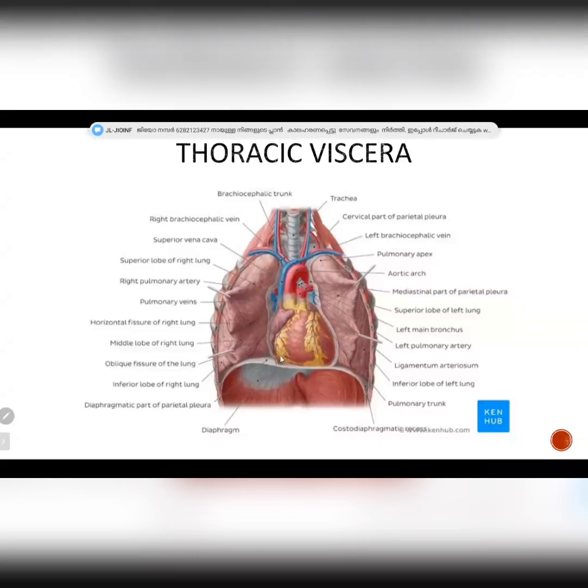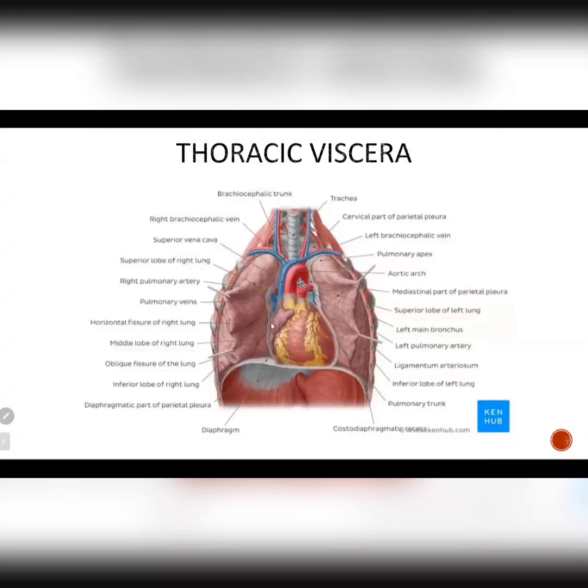So whatever is present in the middle mediastinum, which is the heart and the great vessels, these structures will form certain impressions on the right and left lung. So if you want to learn the relations of right lung and left lung, we first need to look at what are the structures in the mediastinum.